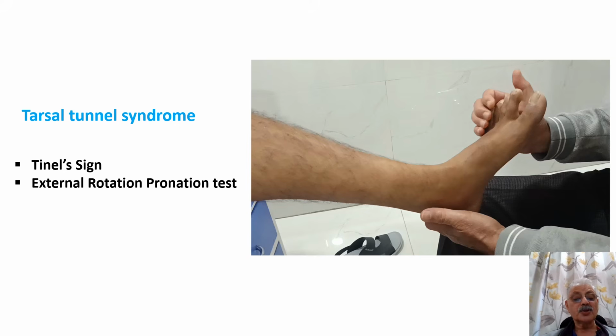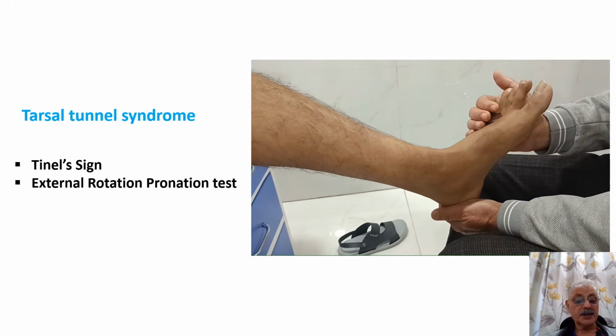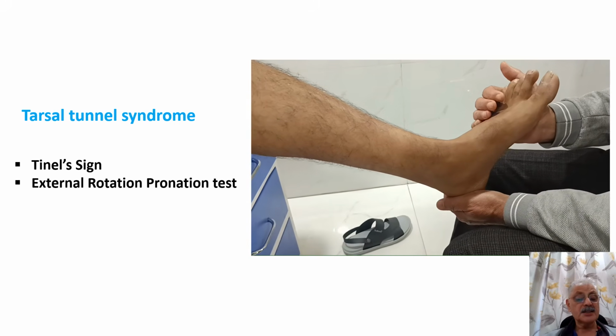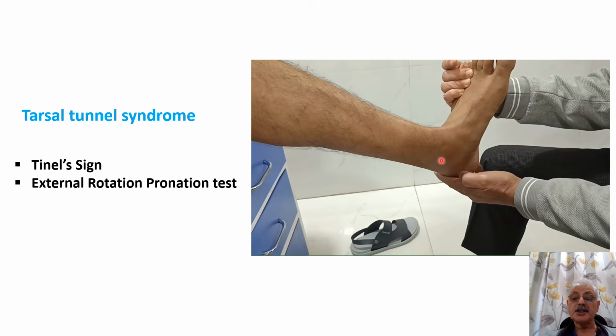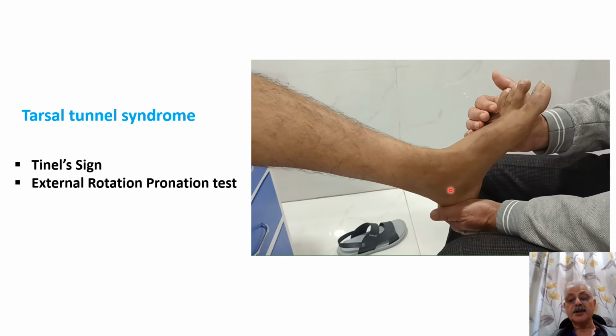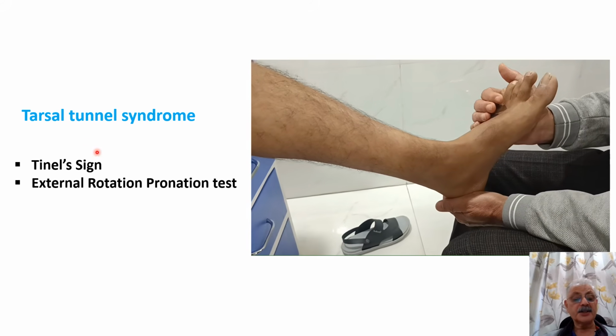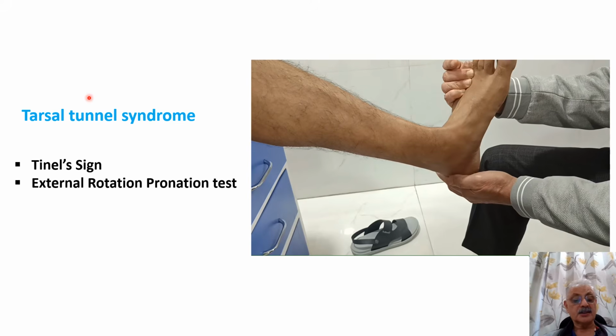Tarsal tunnel syndrome is another common condition which you can see in your clinic. In this condition, when you tap just posterior to the medial malleolus in the region of the posterior tibial nerve, if a Tinel sign is positive, it is suggestive of tarsal tunnel syndrome.